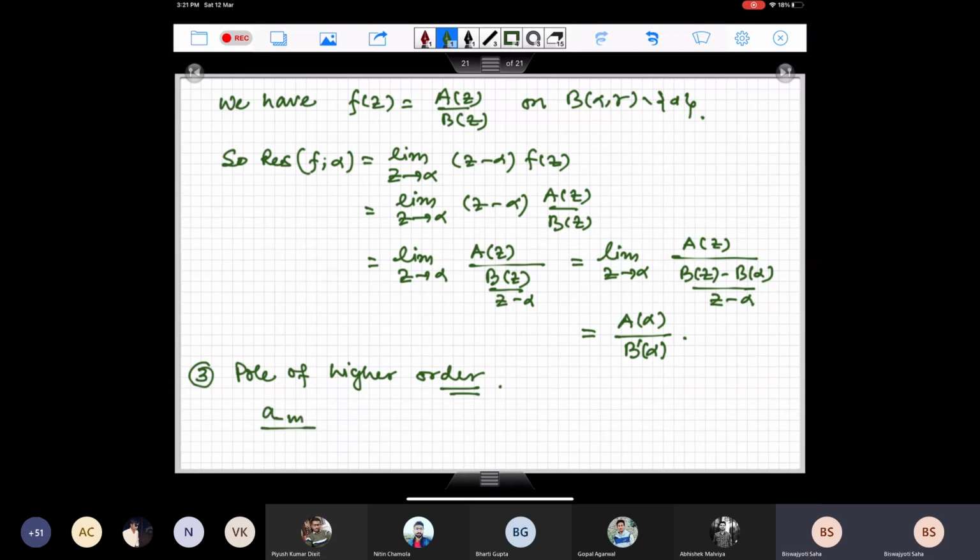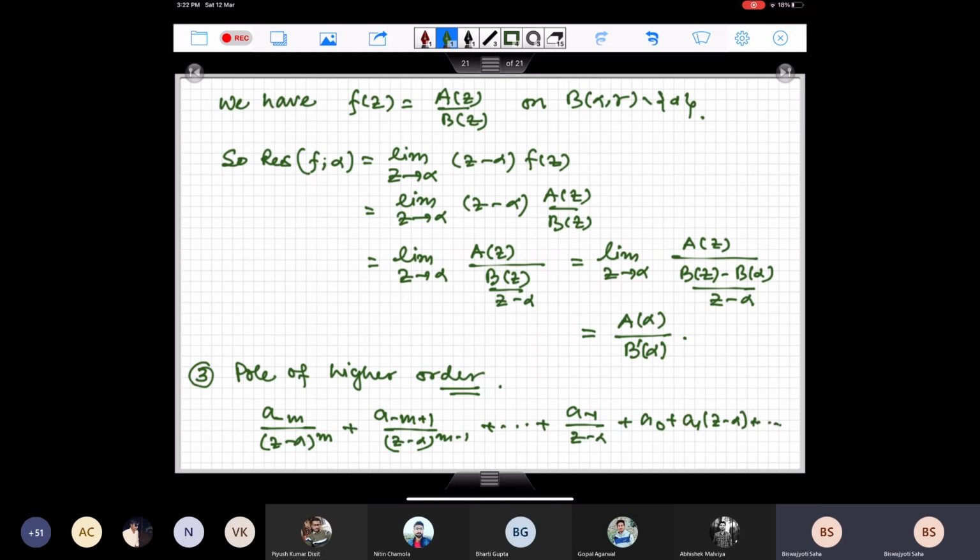So I can write, let's say, a minus m times z minus alpha power m, plus a minus m plus 1 times z minus alpha power m minus 1, and so on and so forth, a minus 1 times z minus alpha, plus a0, plus a1 times z minus alpha, and so on.